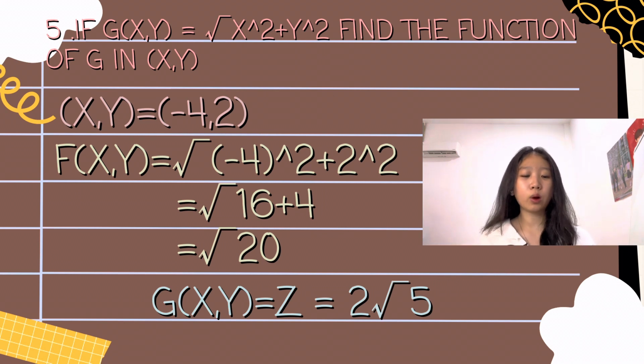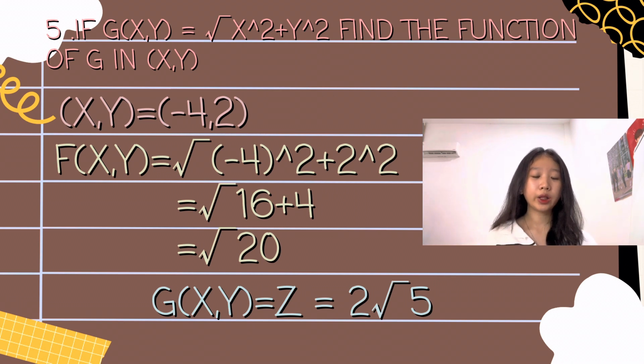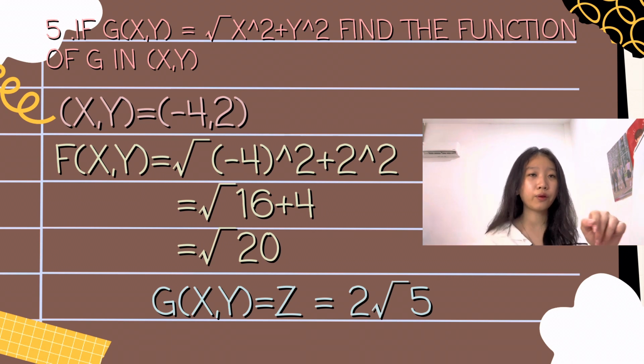So g(x,y) equals the root of (-4)^2 plus 2^2, which remains root of 20. From the square root of 20, we can simplify it into 2 root of 5. Then it is considered g(x,y), or z.